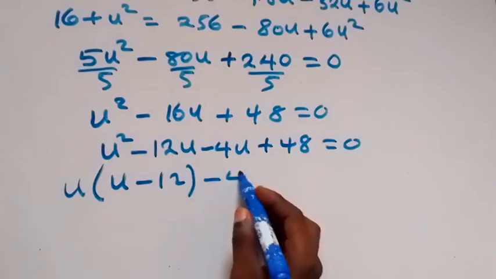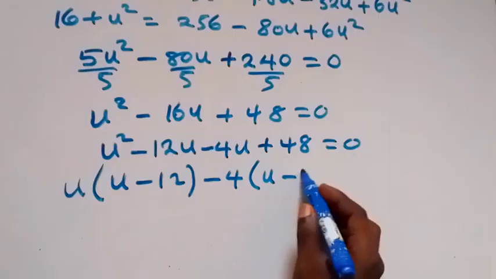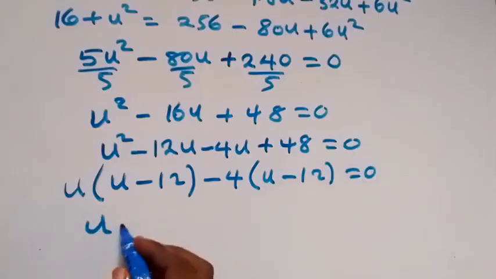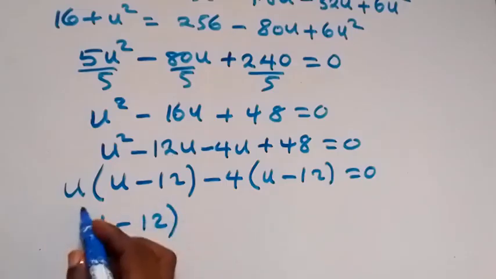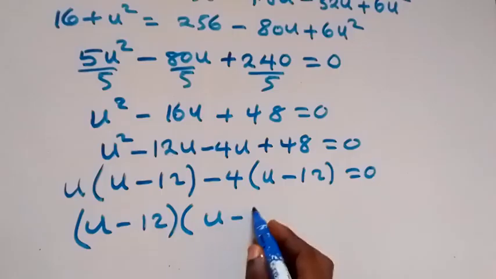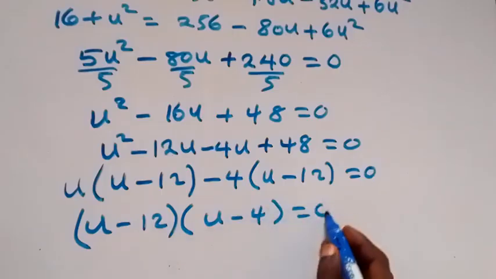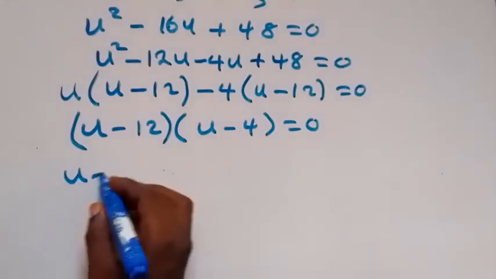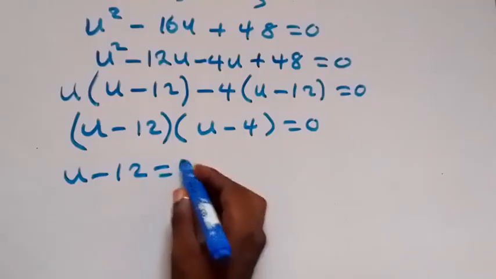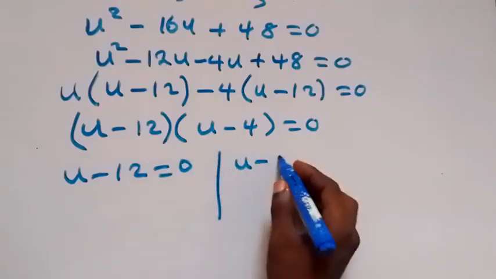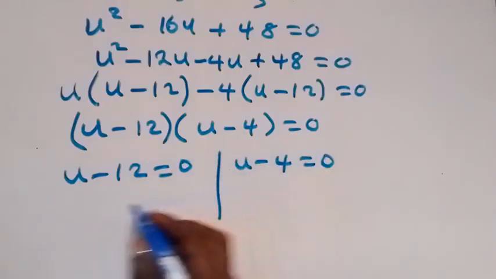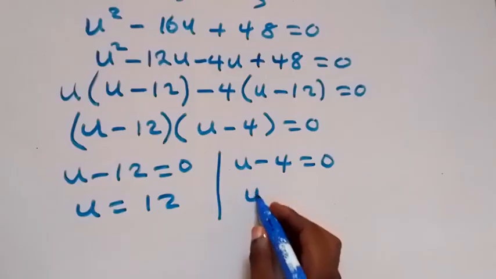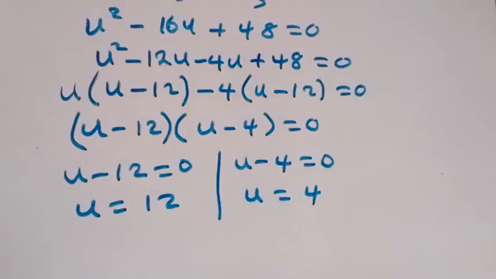Then minus 4, here u minus 12 also left, which equals 0. So we have u minus 12 times u minus 4 equals 0. So two possible cases here are u minus 12 equals 0 or u minus 4 equals 0. So from here, u equals 12, and also from here, u equals 4.